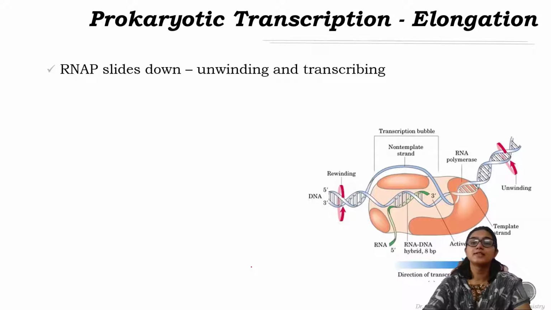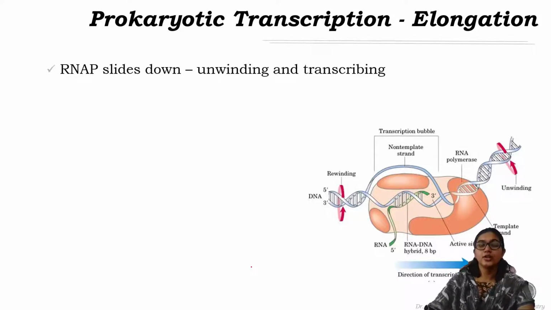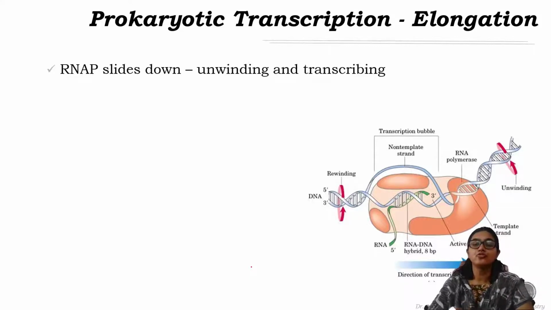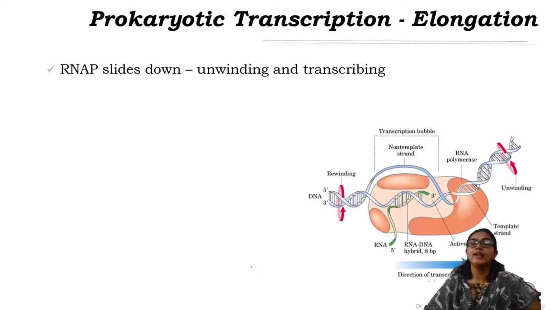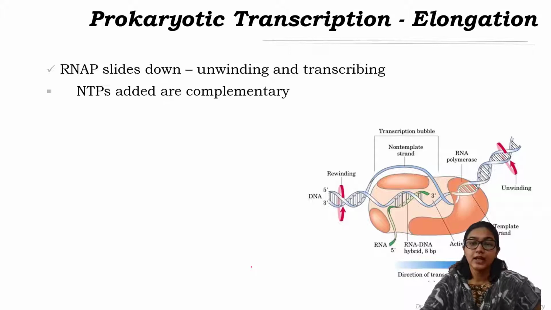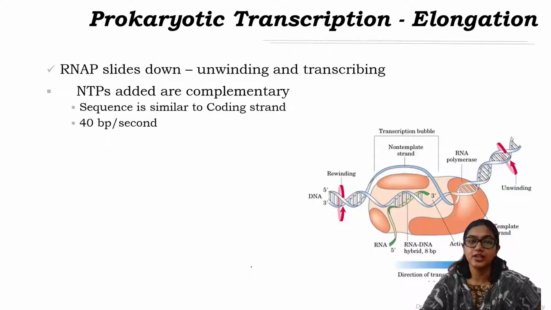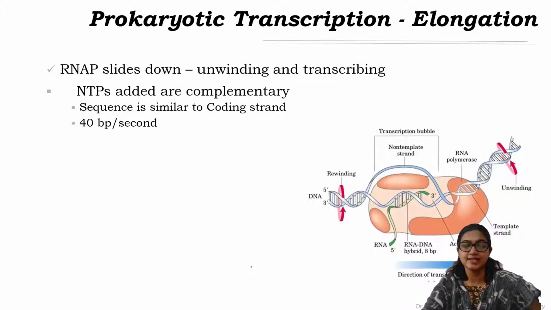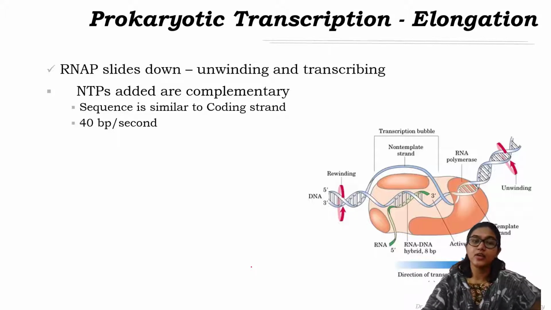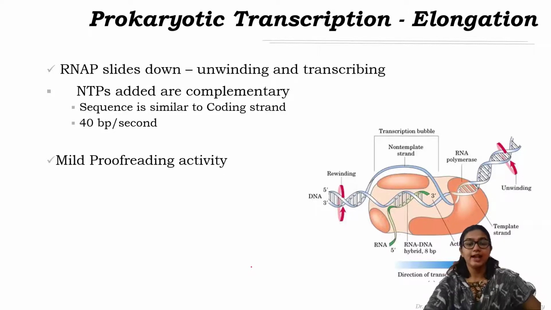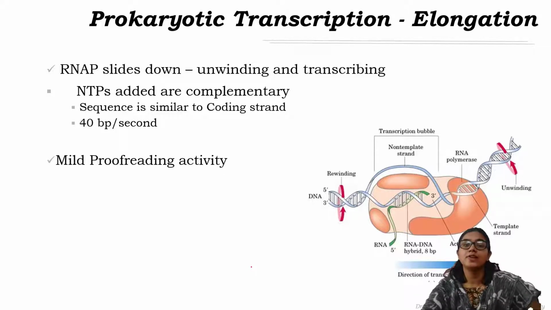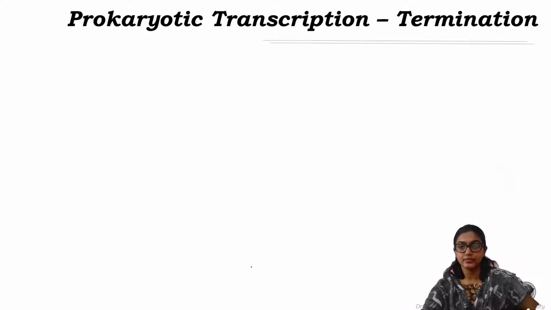So, RNA polymerase keeps on moving along the DNA strand, unwinding and transcribing. The speed of transcription here is 40 base pairs per second. Definitely the code is complementary to the template strand and similar to the coding strand. And as we have discussed, the RNA polymerase has a mild proofreading activity.